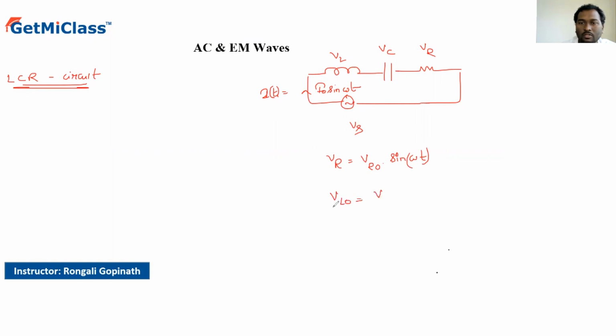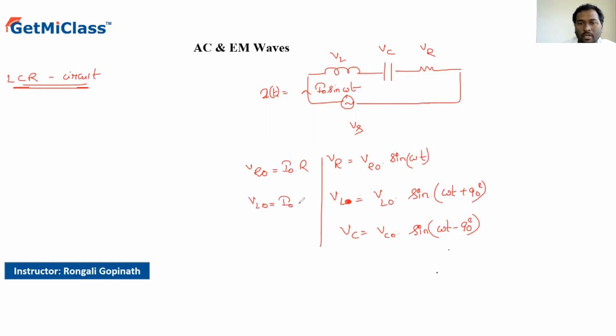VL is equal to VL naught into sine of omega t plus 90, whereas VC equals VC naught into sine of omega t minus 90, where VR naught is given by peak current into resistance, VL naught is equal to peak current into inductive reactance, VC naught is equal to I naught into XC.